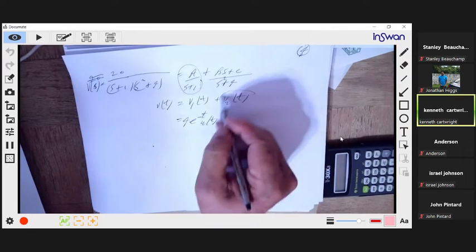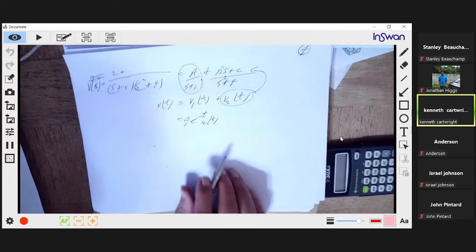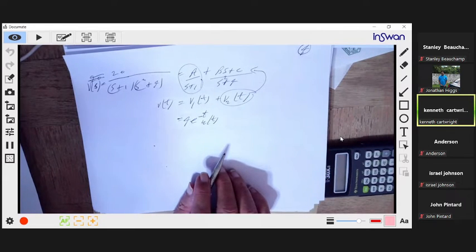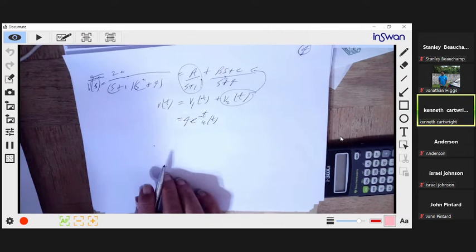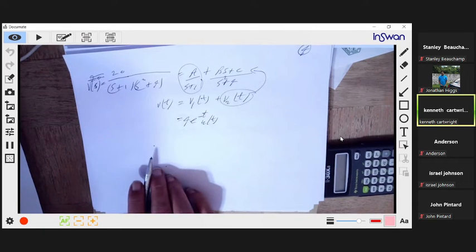And V2 of t is the inverse Laplace corresponding to that. But I showed you last class a simple way of getting an inverse Laplace when you have a quadratic.